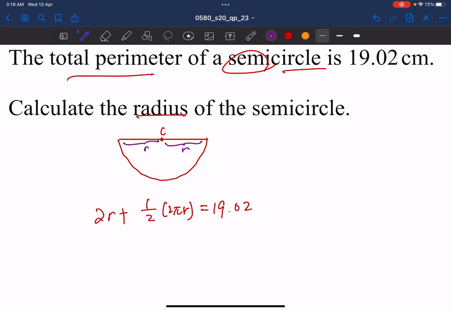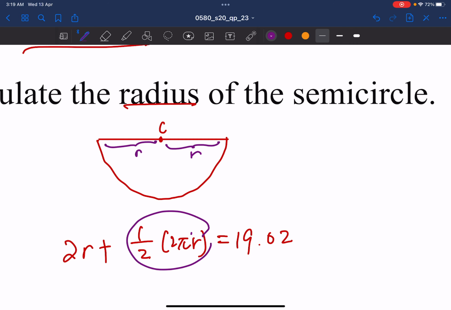Actually, you can view it from the perspective of a sector. A semicircle is a sector of 180 degrees, okay?